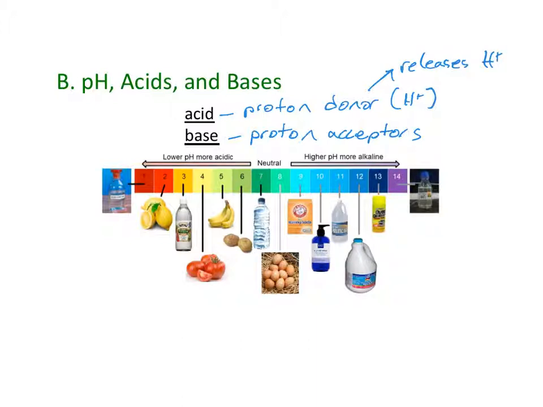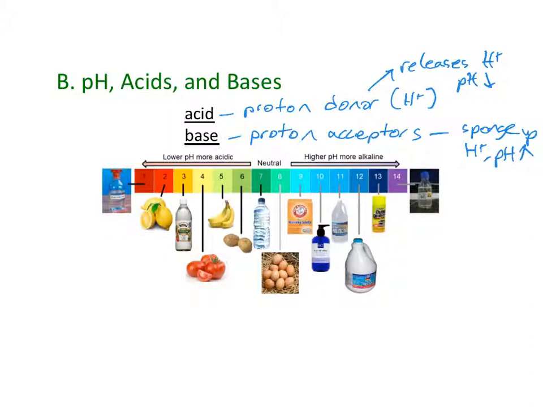Which then means that as you increase the concentration of protons, pH goes down. And proton acceptors bind up those, so sponge up protons. And so pH goes up.